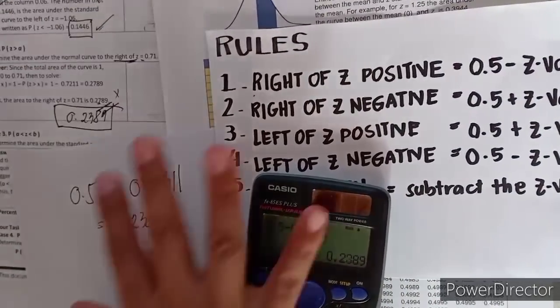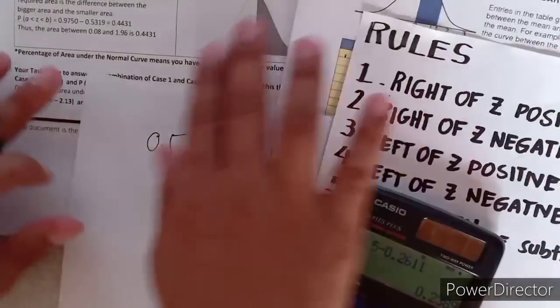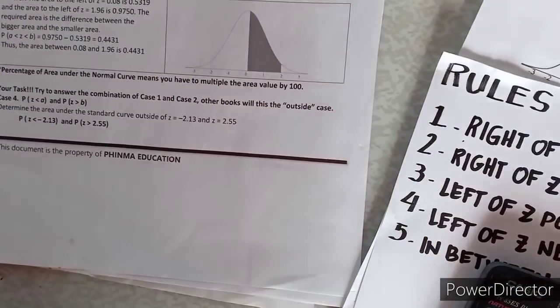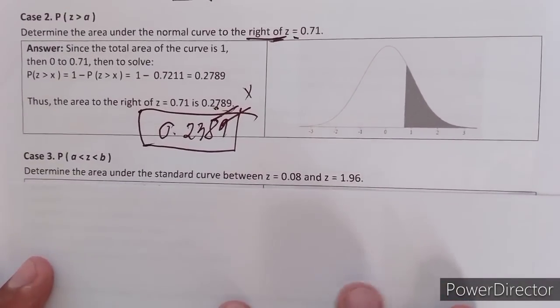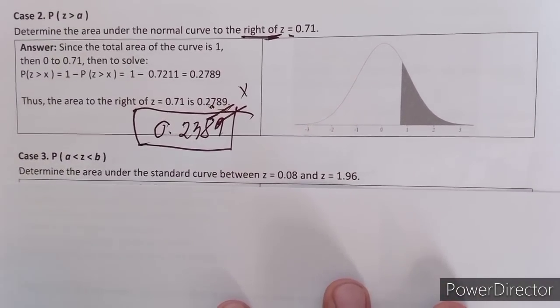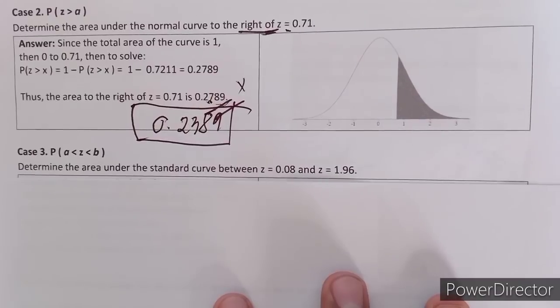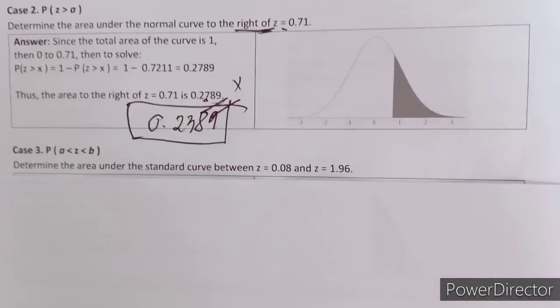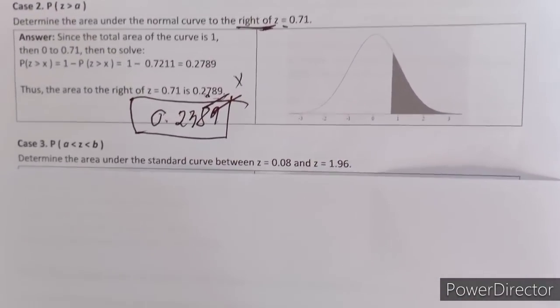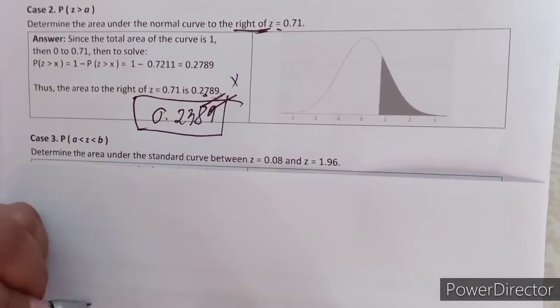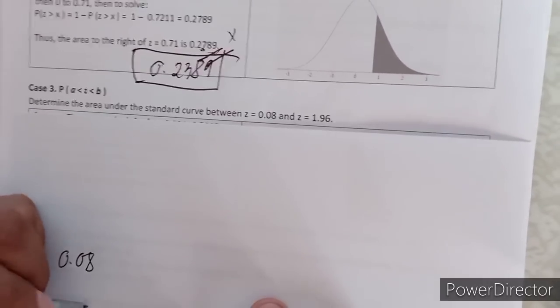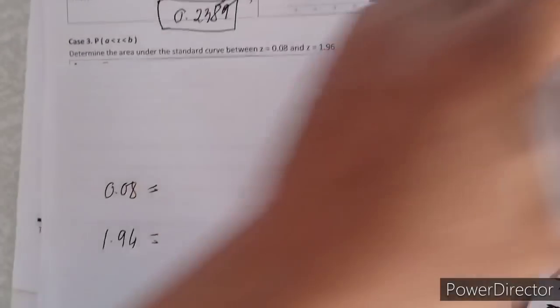Yes. Okay. Let's have our number 3 example. Pakibasa, Ma'am Tintin. Determine the area under the standard curve between Z is equal to 0.08 and Z is equal to 1.96. Okay, let's just get the value of 0.08 and 1.96 sa ating Z-score table.